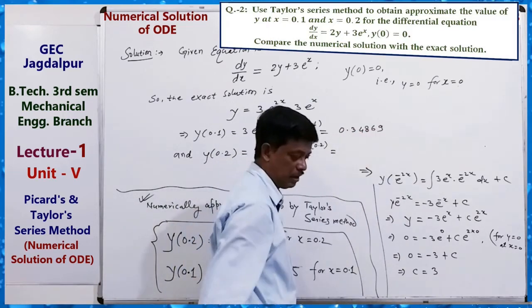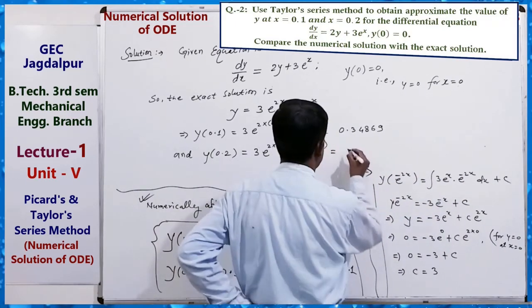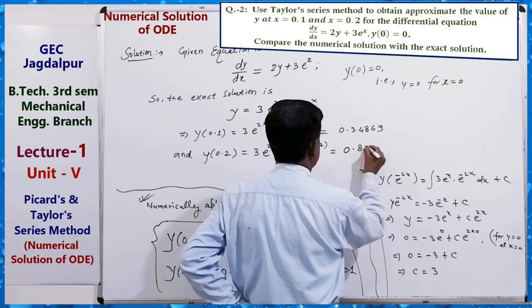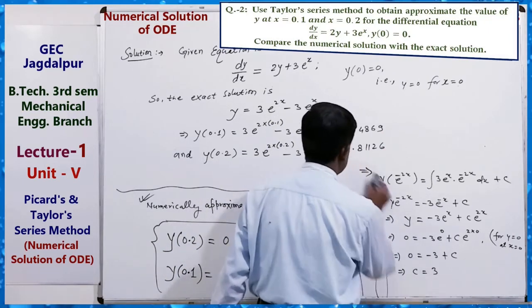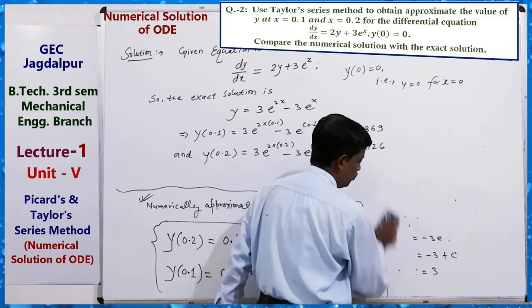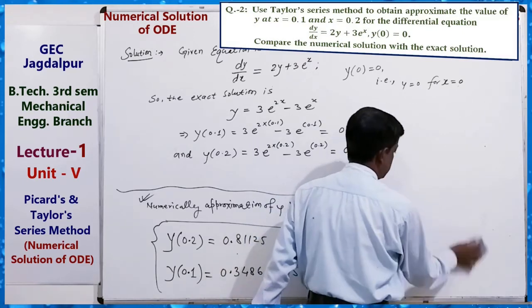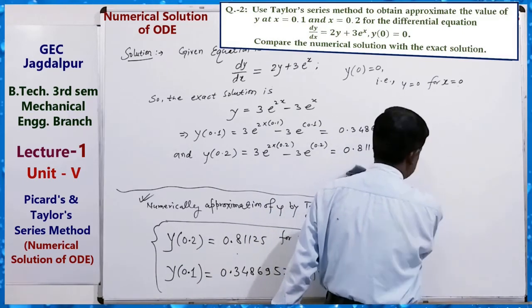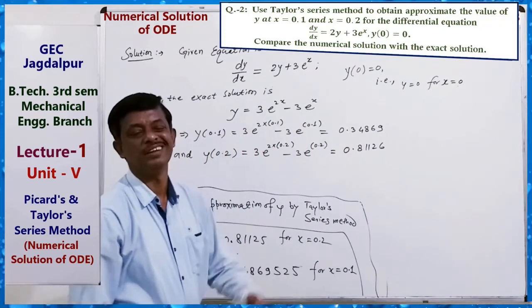0.34869, and another value 0.81126. 0.81126. Okay, so this is the value by direct or exact solution, or by analytical method, because the given differential equation is a particular type of linear differential equation.